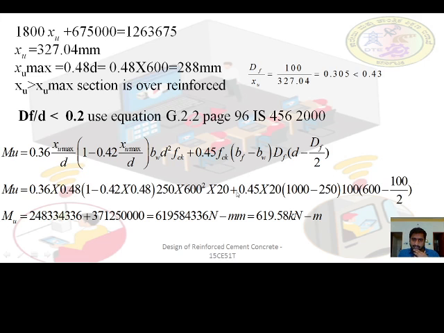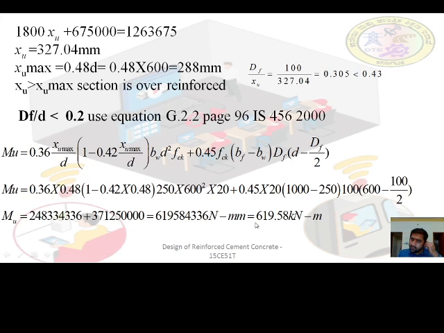Solve this between the plus from here to here. It will come to 37125 zeros, and if I solve the equation from here to here, I will get 248334336. I will add these terms.